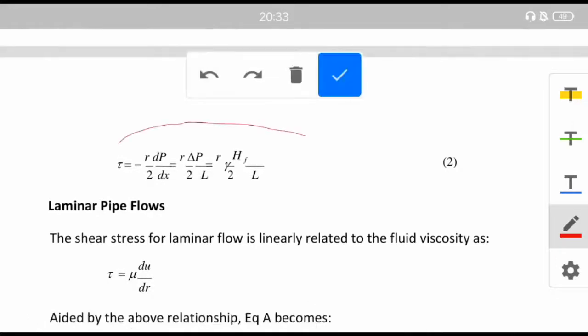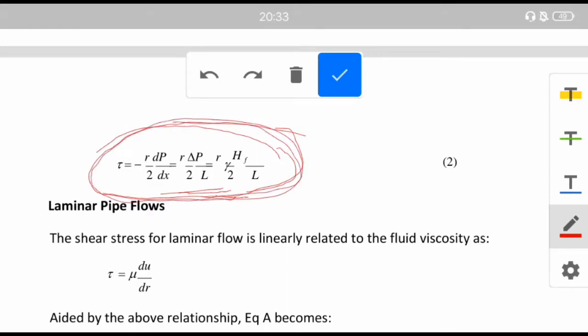Next, tau is equal to minus r by 2 dp upon dx, which is equal to r by 2 delta p upon L, which is r gamma hf by 2L. So the tau is given like this. For laminar flow, the shear stress is linearly related to the fluid viscosity by Newton's law of viscosity.